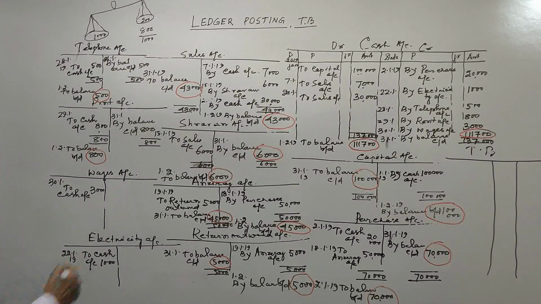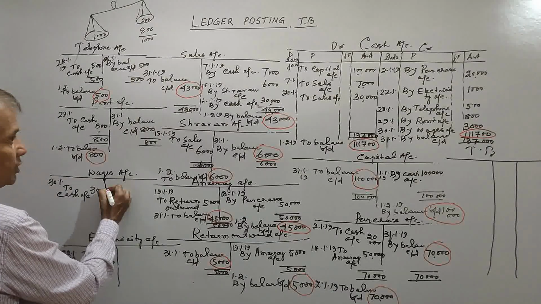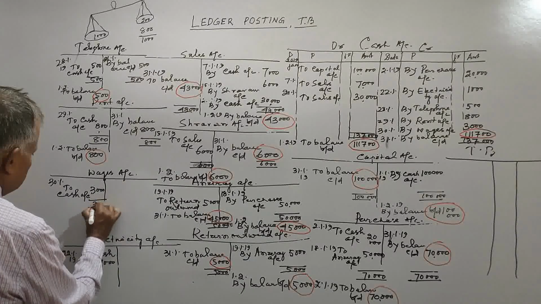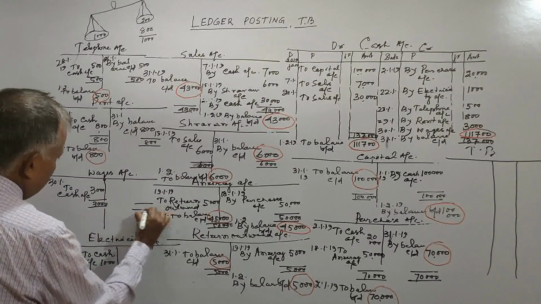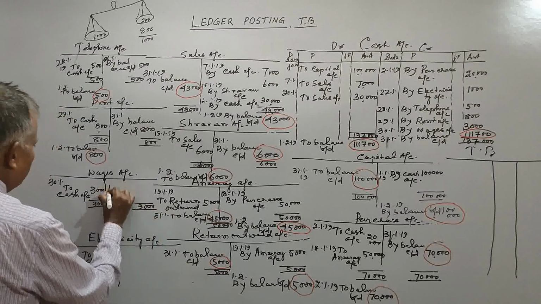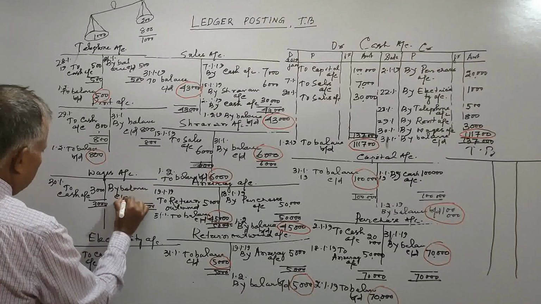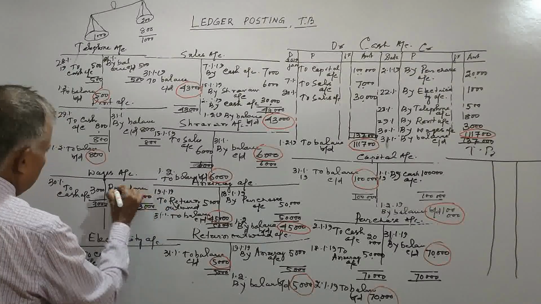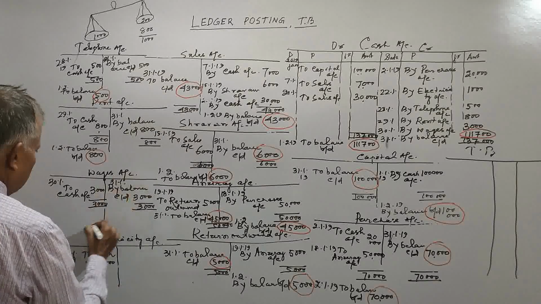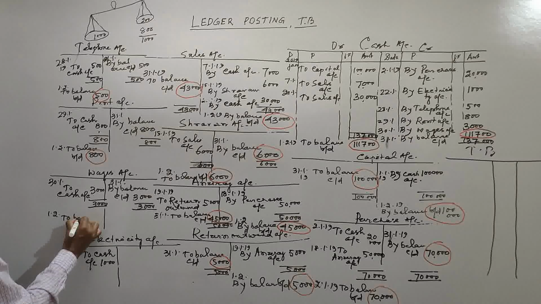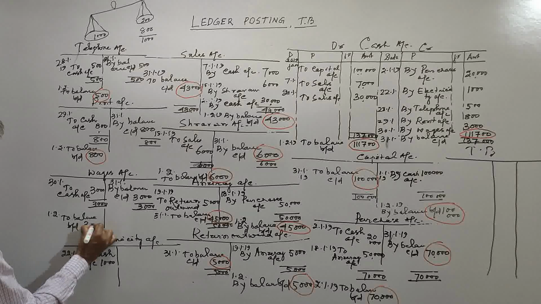Wages also, this is your wages. Here debit is higher, put it here also, by balance CD 3,000, put the date here, 1/2 to balance BD, this is 3,000, right?